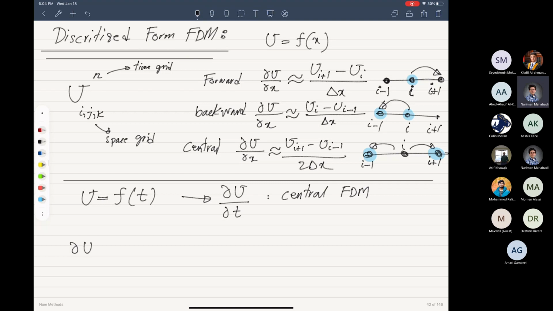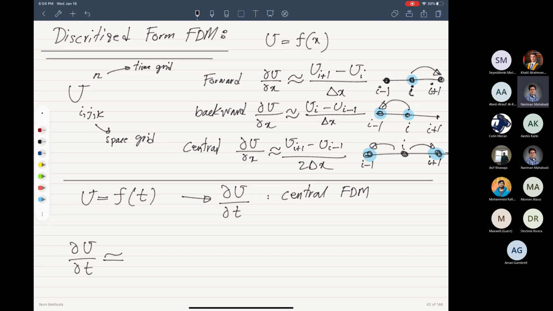Can you tell me what is the equation in the discretized form? It will be u to the power t plus 1 minus u to the power t minus 1, exactly, divided by 2 delta t.